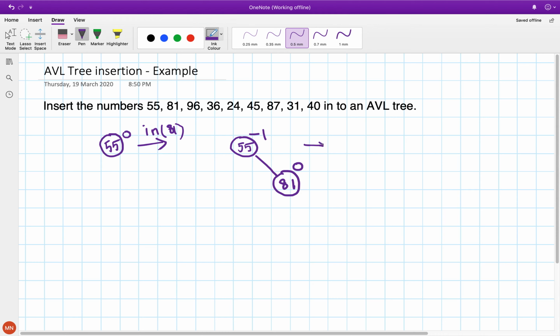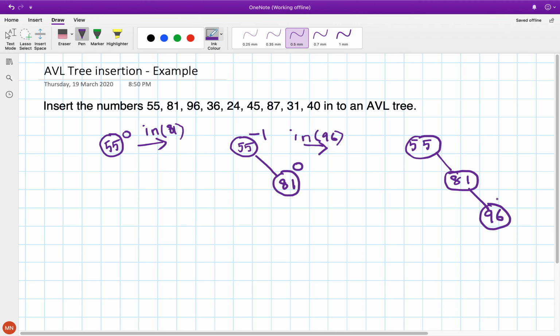Now we are going to the next insertion, that is we have to insert the number 96. So we have 55 on the root and we have 81 on the right side and we have 96 on the right side of 81.